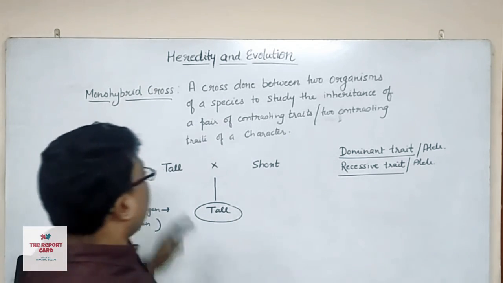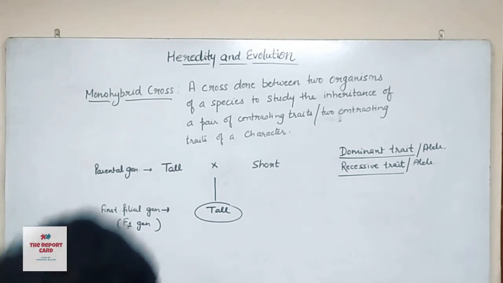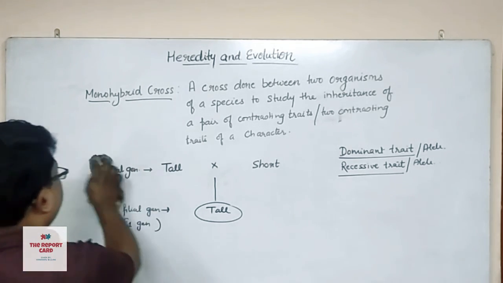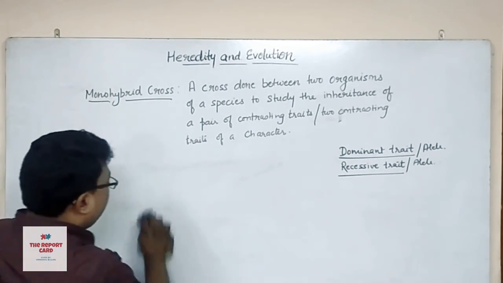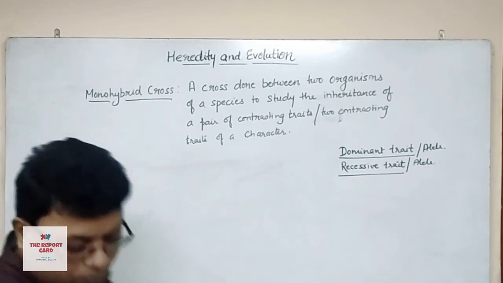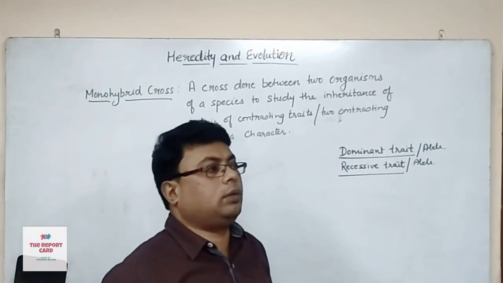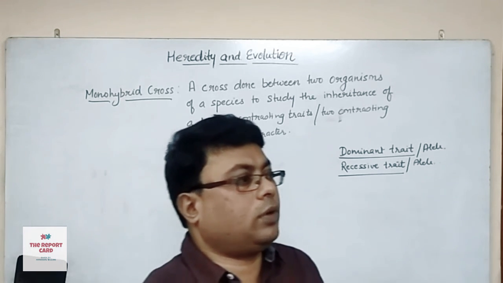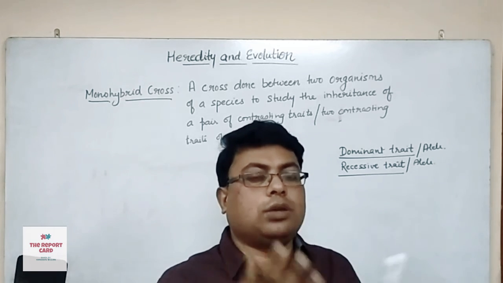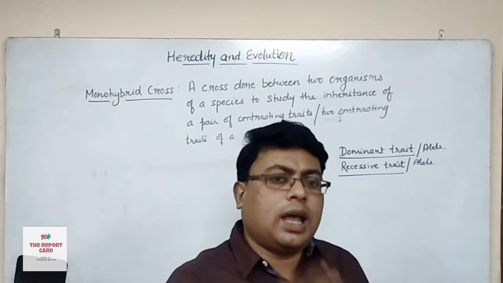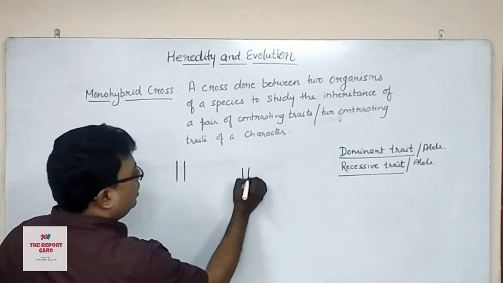Now before I move ahead, I would like to discuss something with you. You remember in my previous videos, when I was talking about the homozygous and heterozygous condition, I gave you an example of Amitabh and Jaya, and I made the alleles something like this, tallness and shortness.